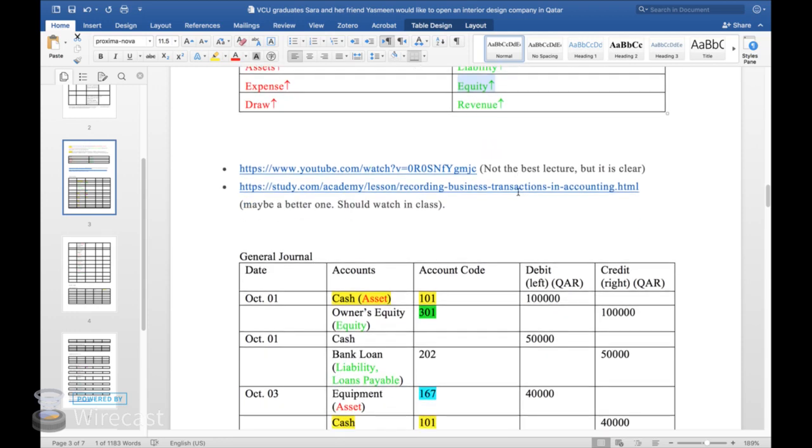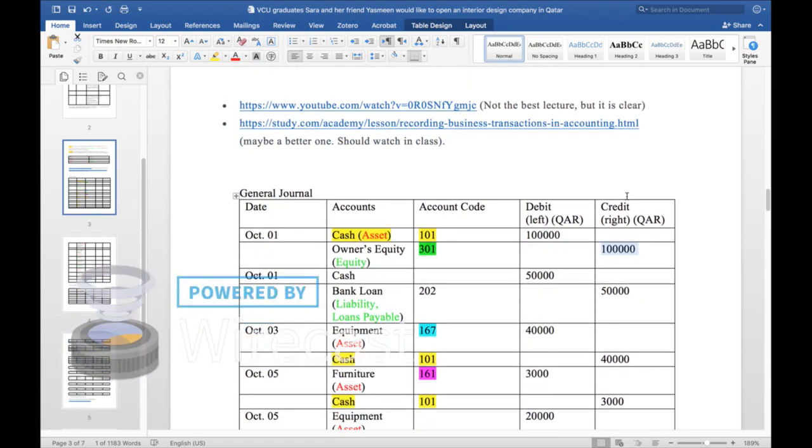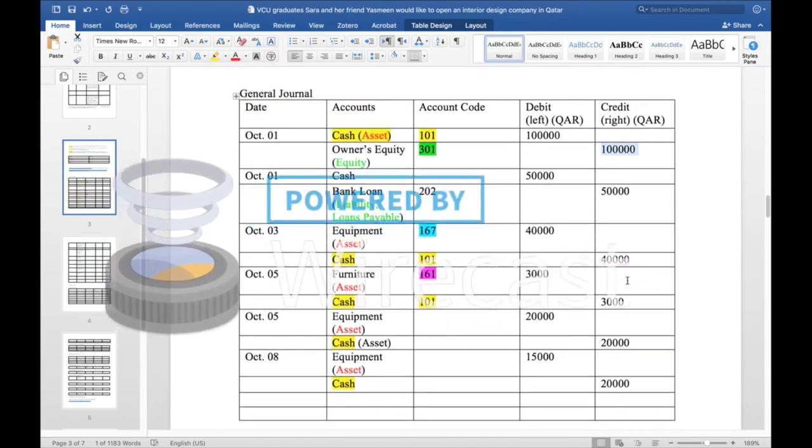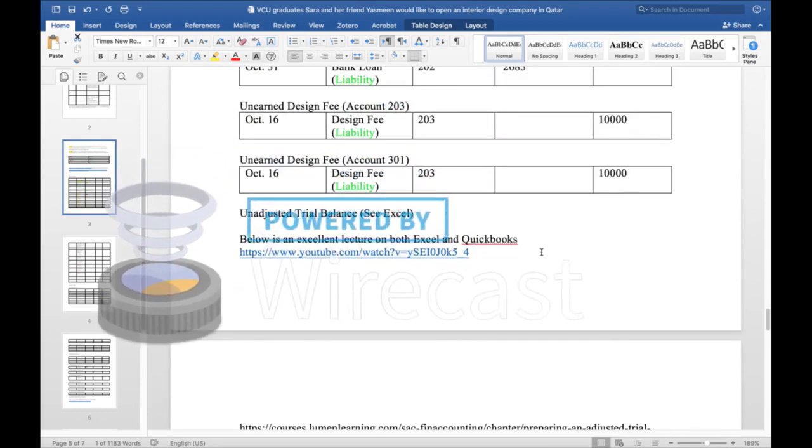Before the business, we don't have any equity. After the business, we have some owner's equity, which is the owner's share, and it increases in the credit column. So account 301, owner's equity.